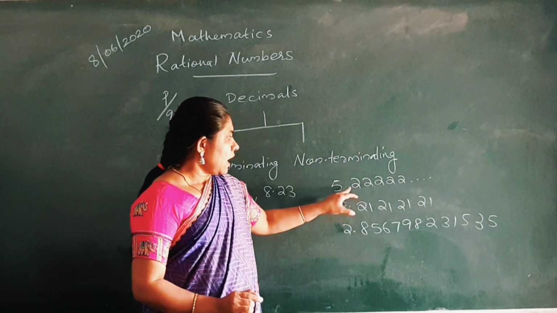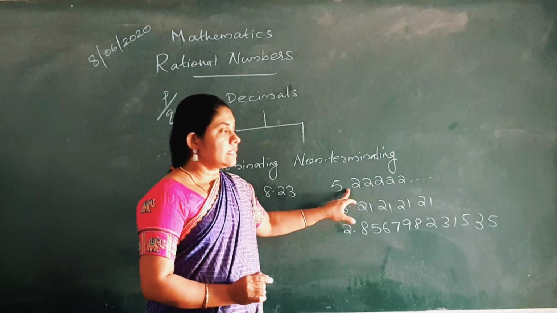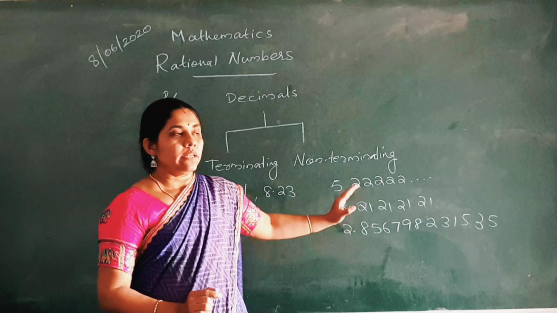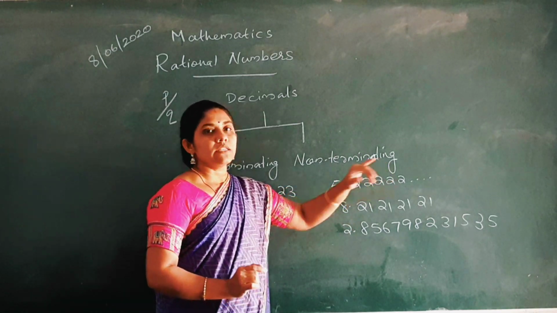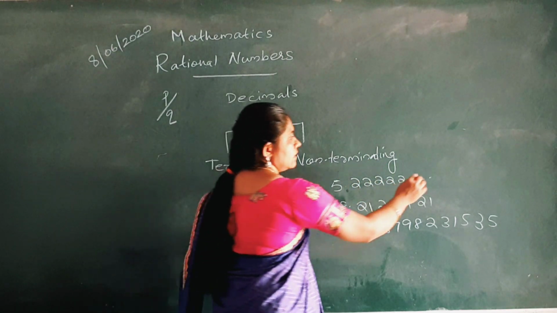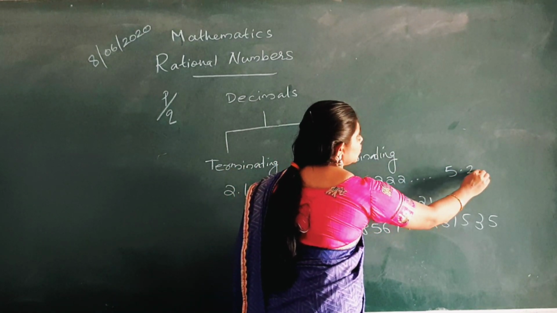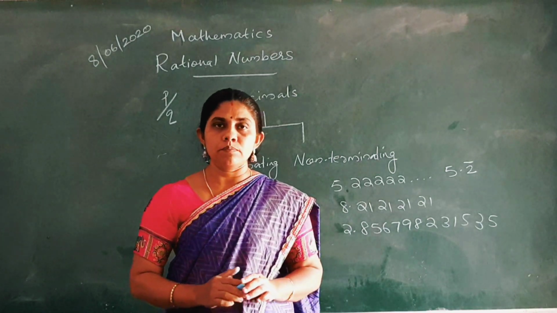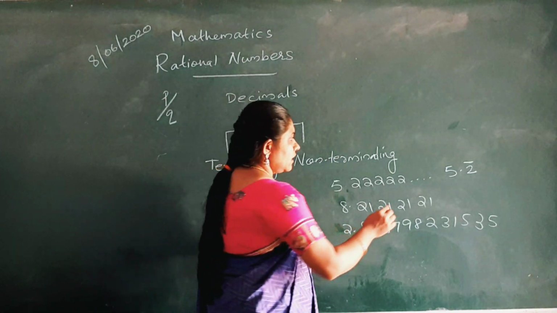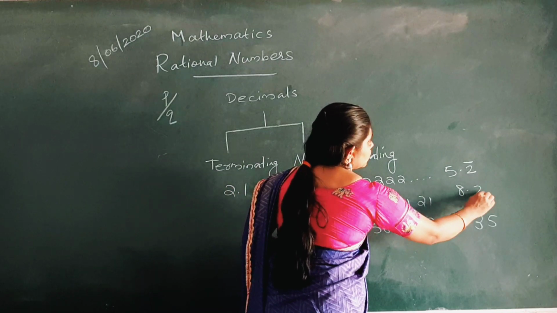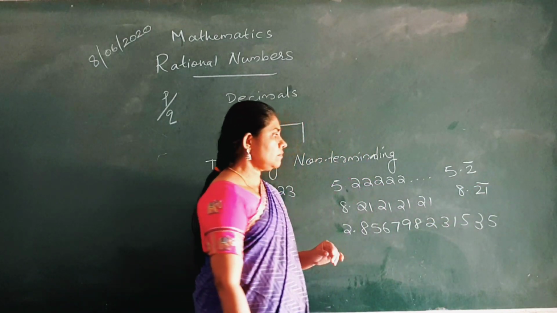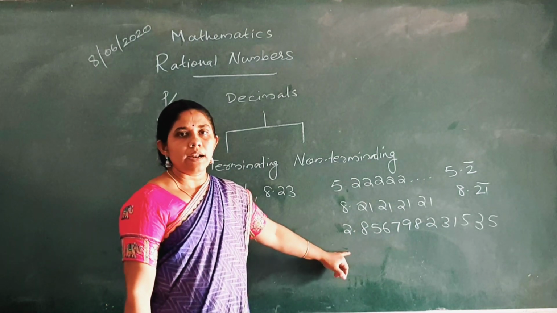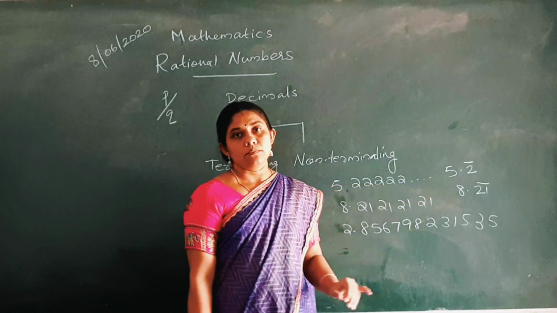After the point, the same number is repeating. So we can write this as 5.2 with a bar, or 5.21 with dots. We can write these in this method, but the last one is not possible to write in this method.